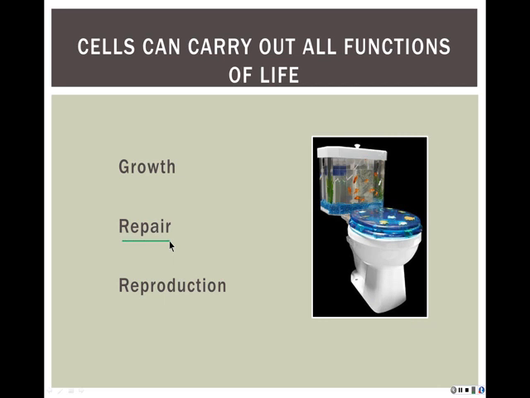So anytime cells or machines of any kind do work, just like any machine, they're going to break down. They're going to have some wear and tear. So, let's take a look at putting a lot of mileage on a car.